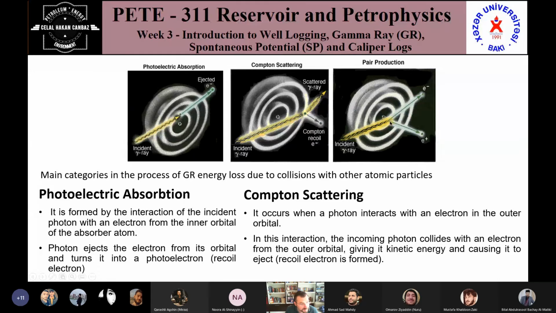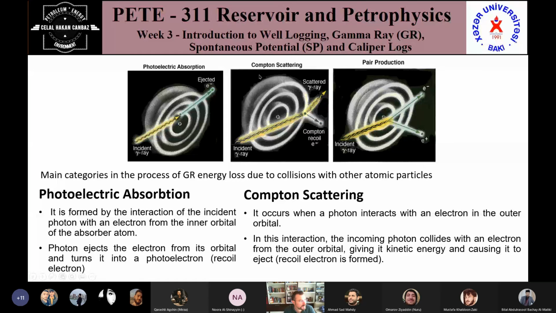It's a strange thing. Both of them, as a result of this collision, can be emitted from the atom. This is very rare. It's pair production, but mostly photoelectric absorption and Compton scattering are the most common ways.